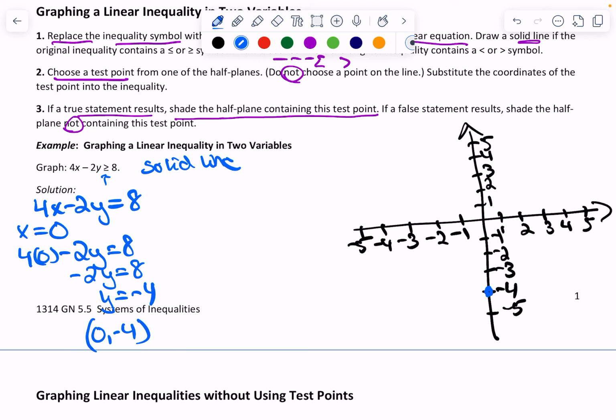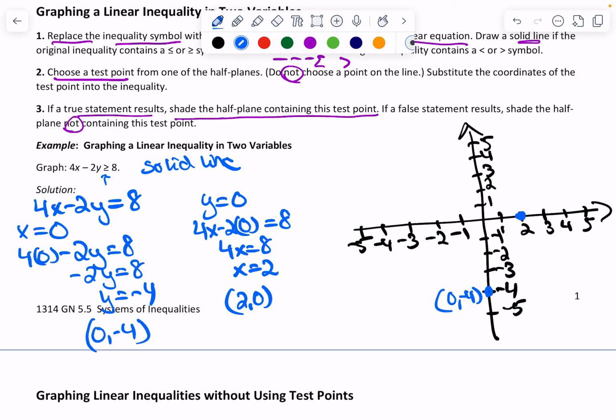Then we find the x-intercept by setting y equal to 0. So 4x minus 2 times 0 equals 8. 4x equals 8, divide by 4, and we get 2. So this is point 0, negative 4, and this is point 2, 0.